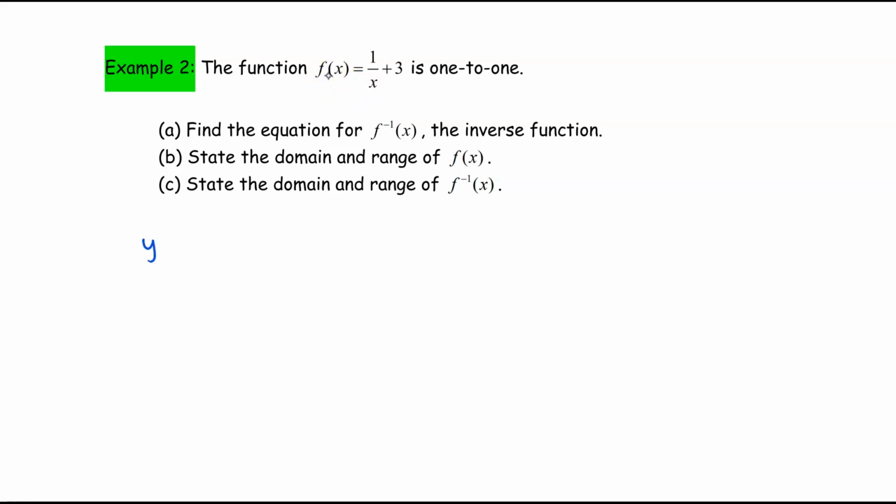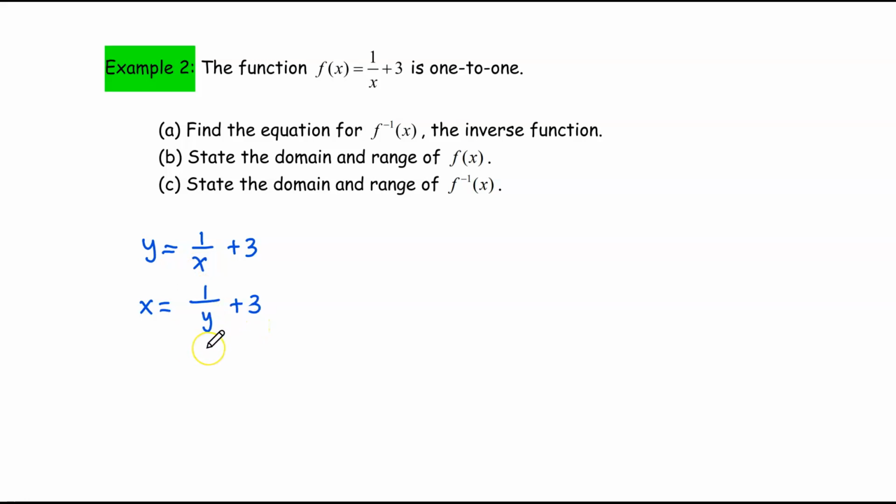So we would write y equal to 1 over x plus 3. And then next is to interchange x and y. Replace the y here by x, and then replace the x here by y, plus 3.